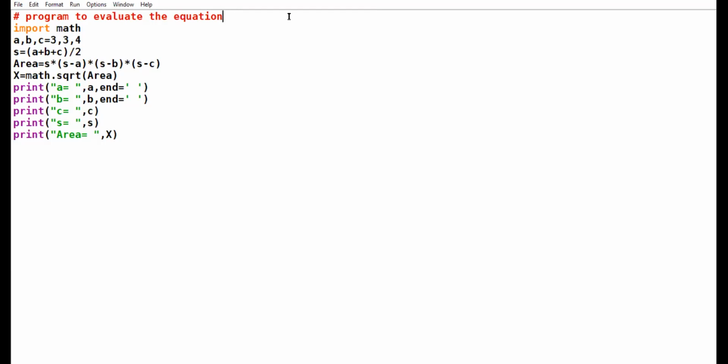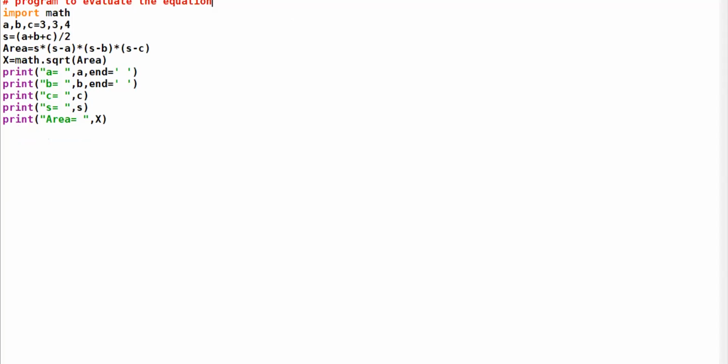Now, write one equation in your notebook. All of you, please write one equation in your notebook. A square plus B square, whole divided by C square plus D square.